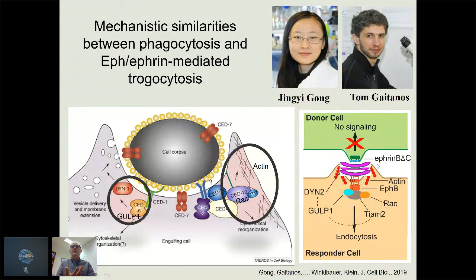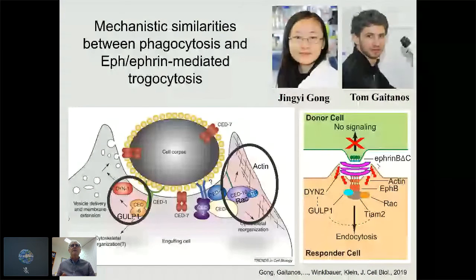So somehow these two processes are related mechanistically, and we thought that was quite interesting. This was also a collaboration with Rudi Winkelbauer in Toronto, who helped us by providing some data to show that GULP is also required in vivo during gastrulation.